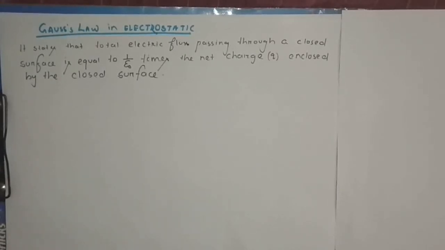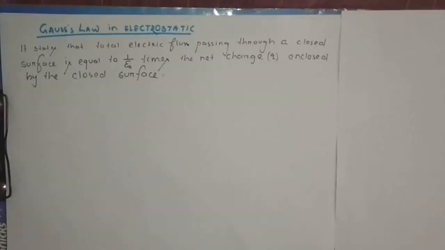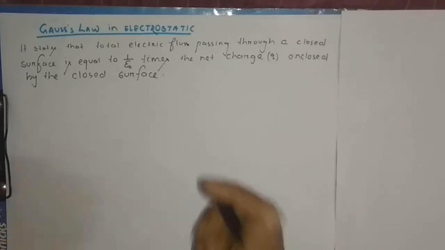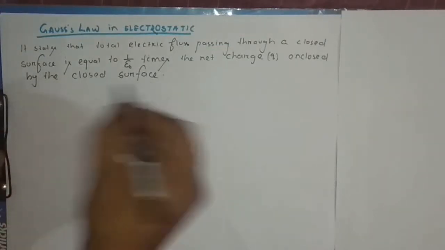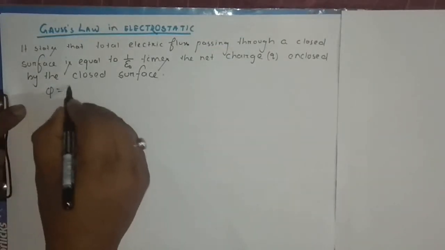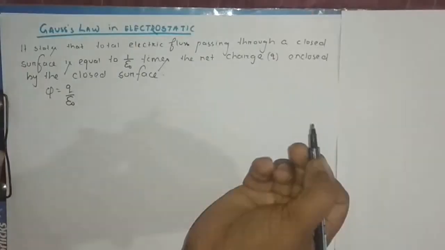From the first point, it is very difficult to get the point. For me also the same thing happened. How to remember it? Very simple thing. Flux equals Q by epsilon naught.